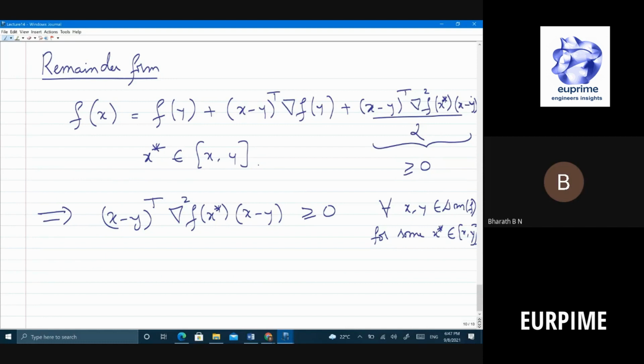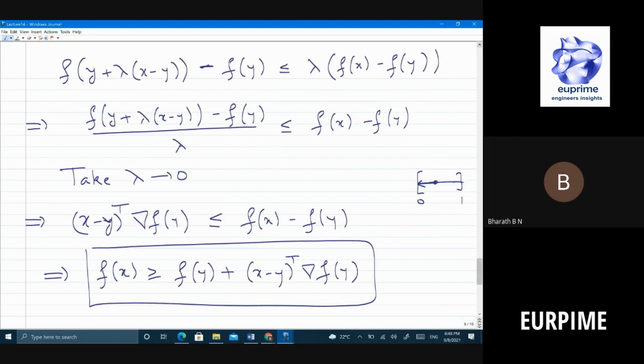Right? So now, what can you conclude from this? Okay, I'll pause here for some time. We started with convex. We showed that for a convex function, this is true. But we didn't show that if this is true, then f is convex. Did we? No, we didn't. But we showed that if the function is convex, this is true.